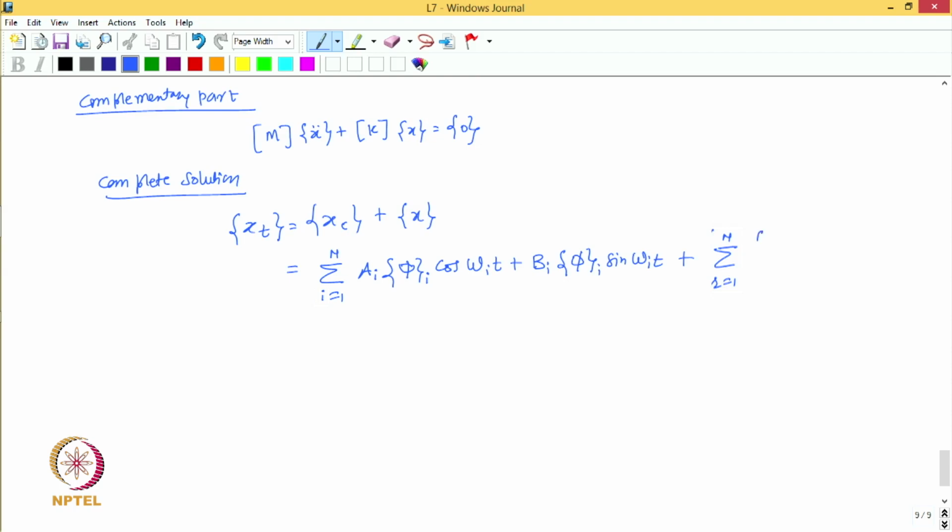Hence, we write down the steady state part as psi r transpose divided by omega r square minus omega square, into f naught cos omega t. This is the complete solution, and in this solution a i and b i are arbitrary constants.